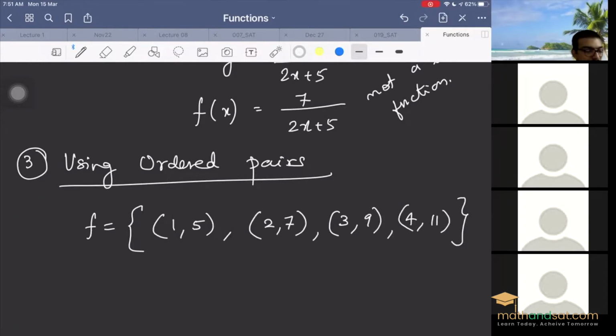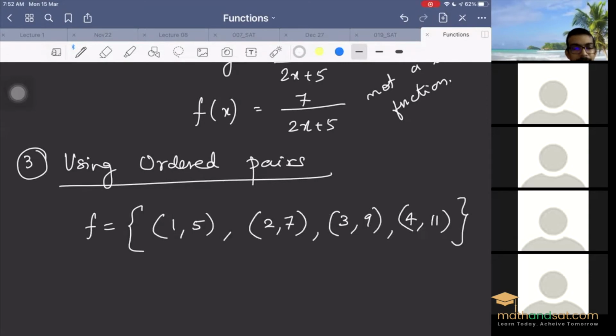We have 1, 5, 2, 7, 3, 9, 4, 11. Some ordered pairs on the function are given. Some ordered pairs, okay? Not every ordered pair is given.